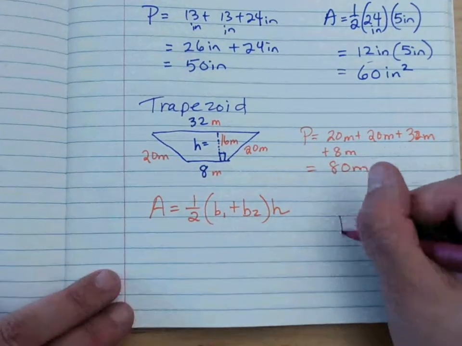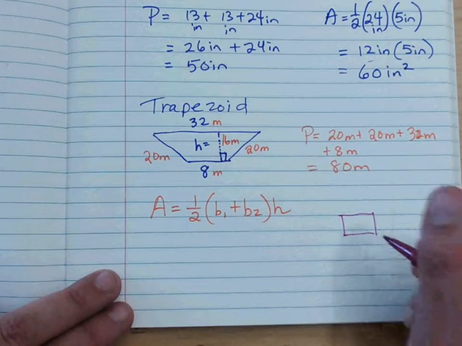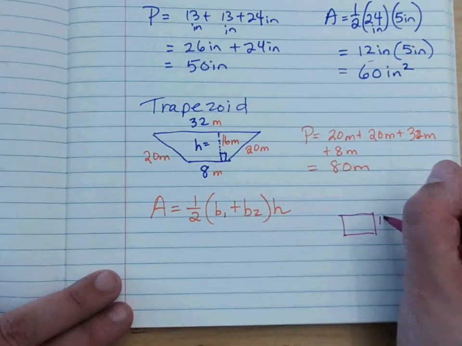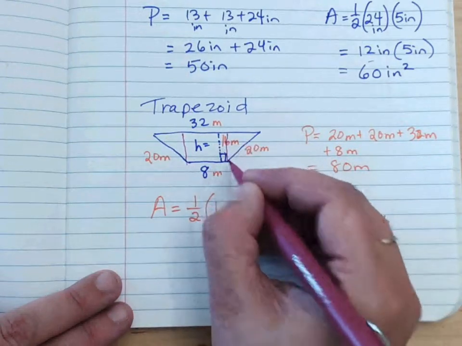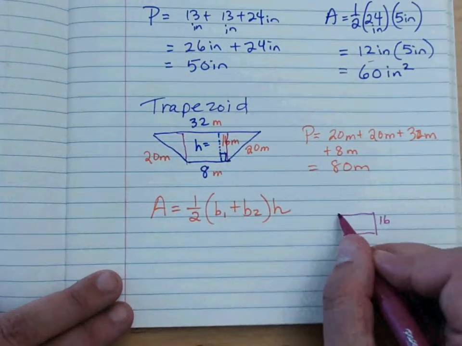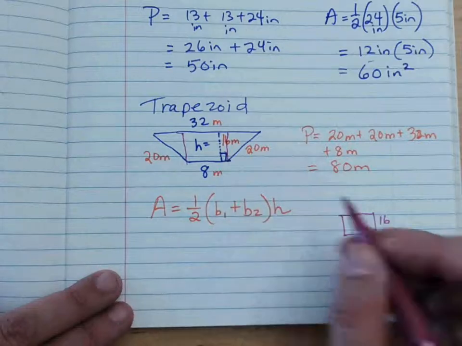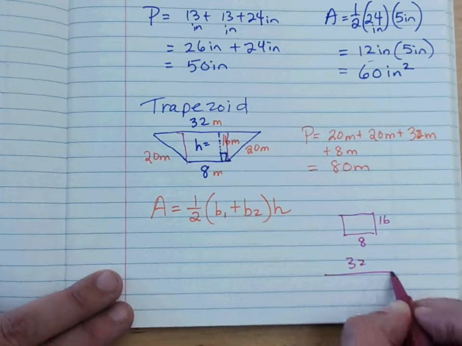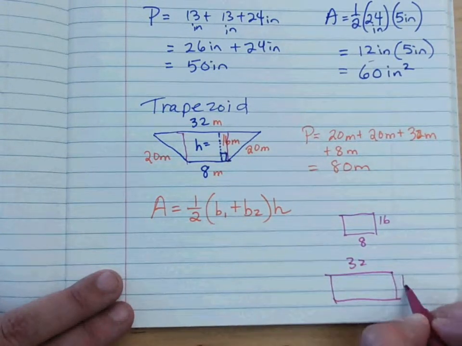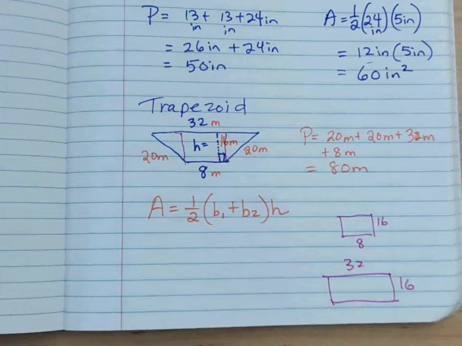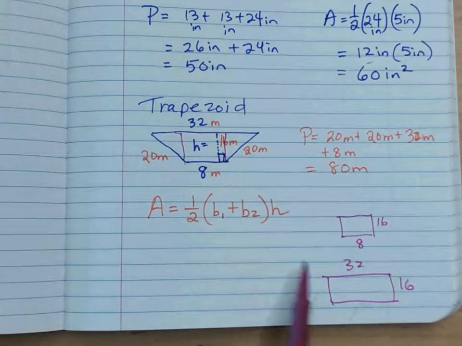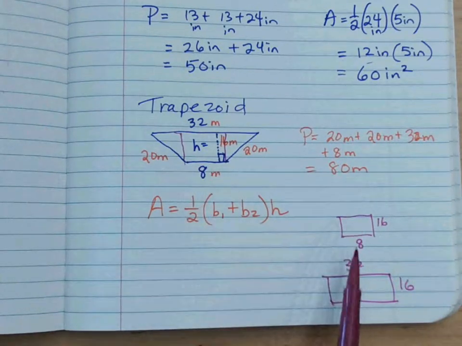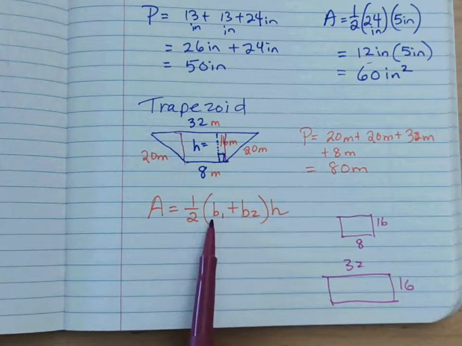Because notice, if I had a rectangle that was 16 by 8, that would fit inside this small space. If I had another rectangle that was 32 by 16, and I found those two areas, what I'm really doing is finding the average of the two rectangles. So this is how we find an average.